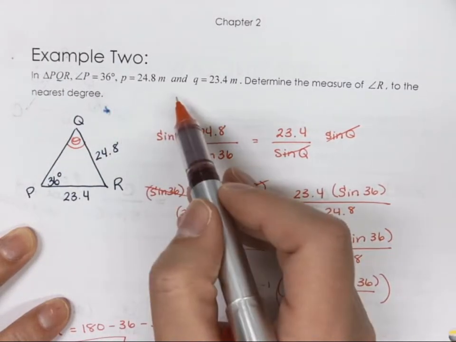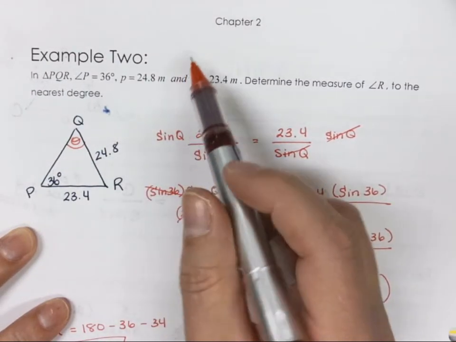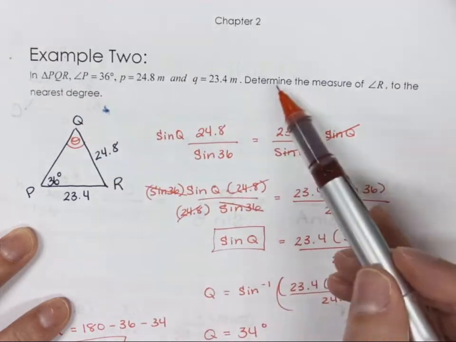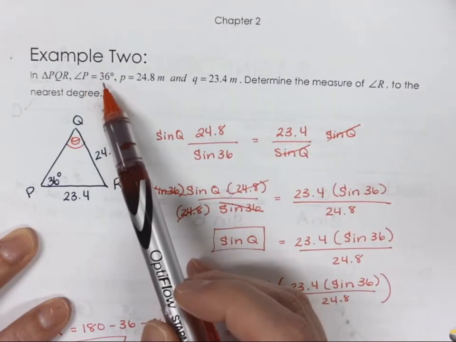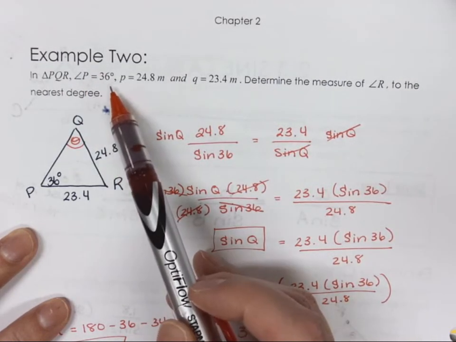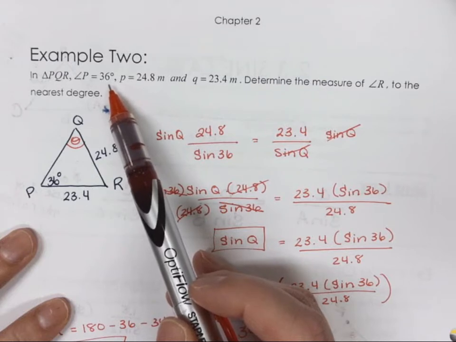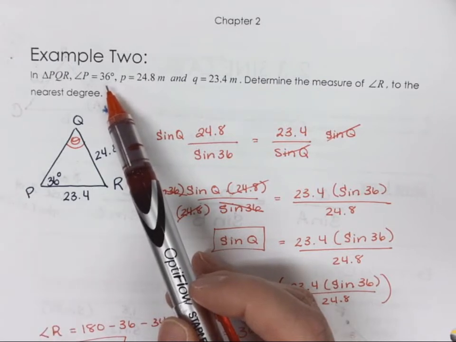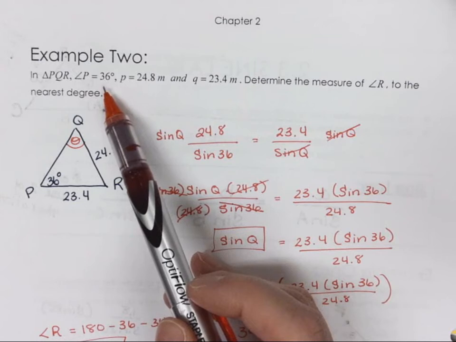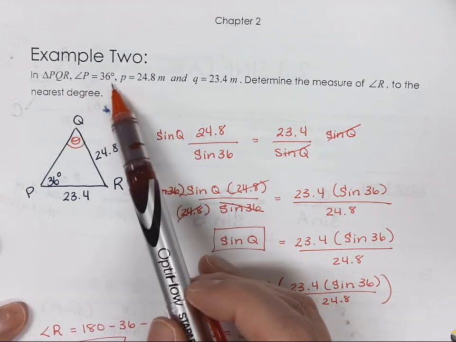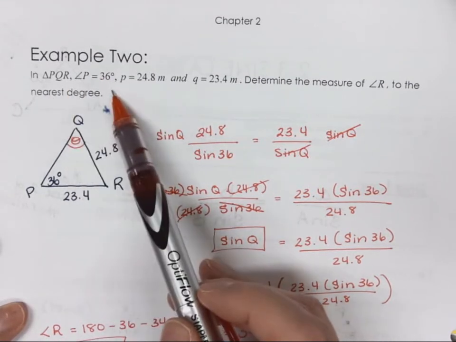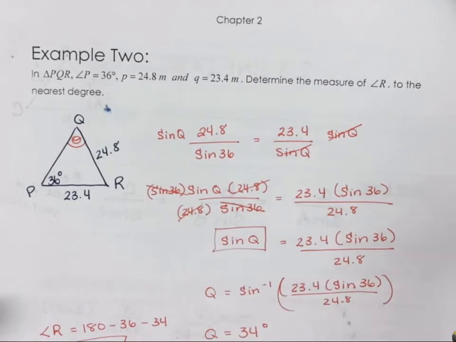Remember I said that last week? I hate drawing triangles digitally, so I usually give it to you this way. The trouble is that when I give it to you this way, there is a possibility that we all won't draw the triangle the same way, okay? Or there's a possibility that there might be two different solutions, one solution or no solution.